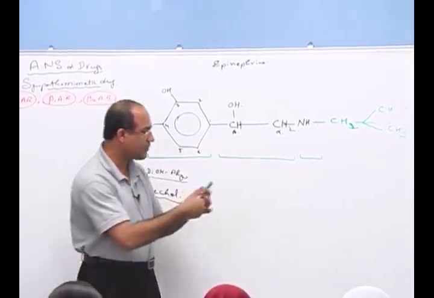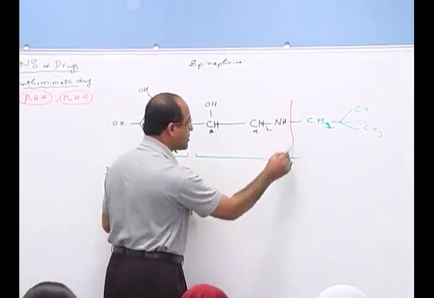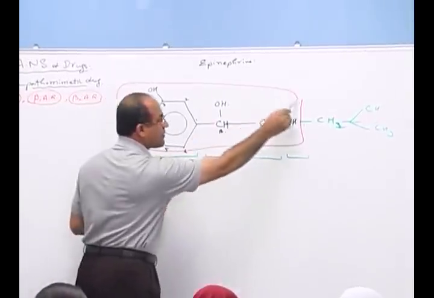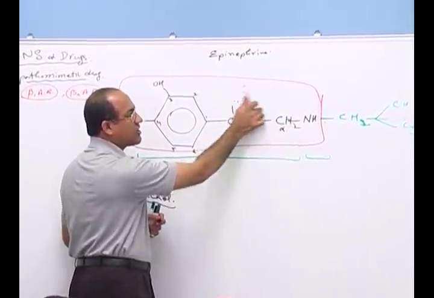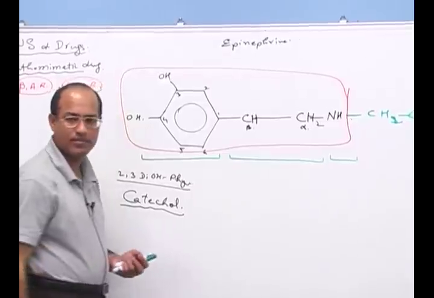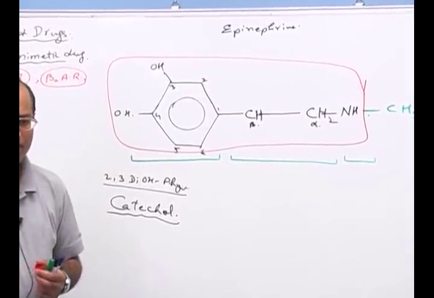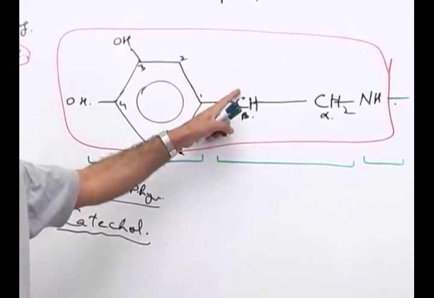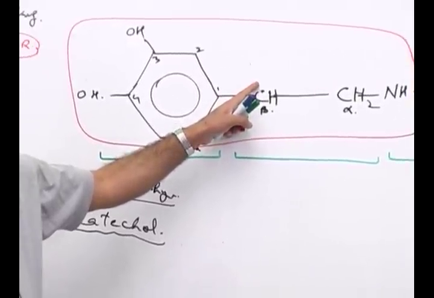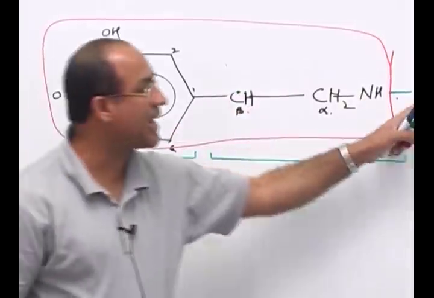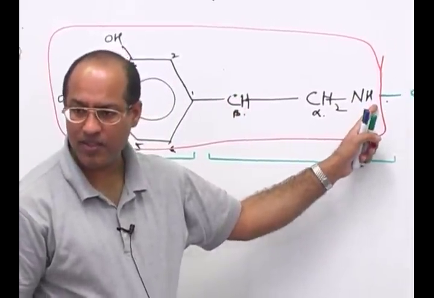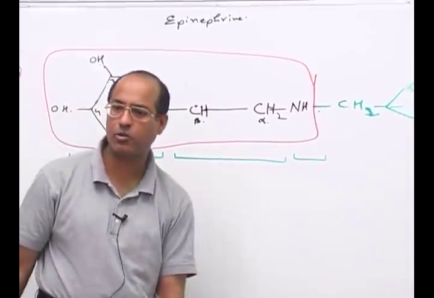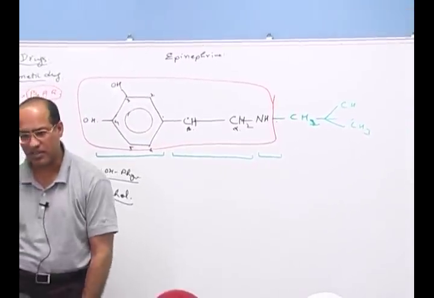If this hydroxylation is not there, what is it? Dopamine. If you do beta hydroxylation, it converts into norepinephrine. Then with single methylation here it becomes epinephrine, and with multiple methylation it becomes the synthetic molecule called isoprenaline.